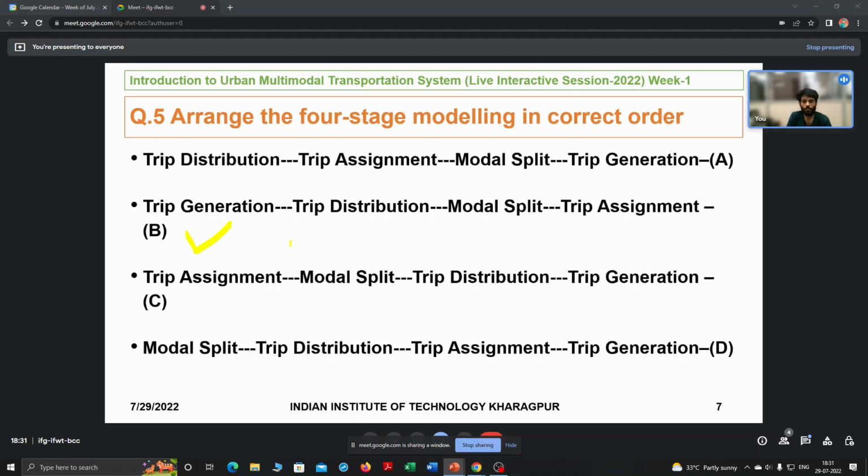Then after you know the mode, you want to know the path, right? For a particular trip, which path will it follow? Suppose you want to go from A to F. You can go through A, B, C, D, E, F, or you can go from A, then G, to F. Maybe your travel distance from A through G to F is less, and maybe the route A through B, C, D, E to F is more. But it depends on the factor used to choose it.